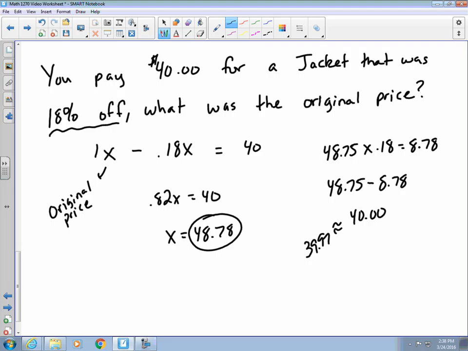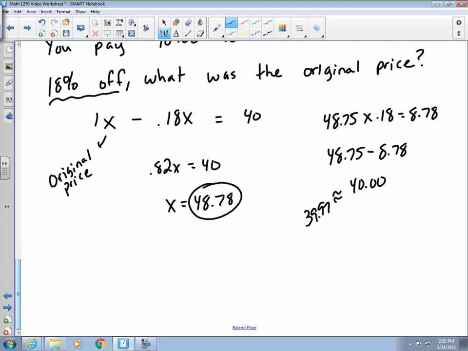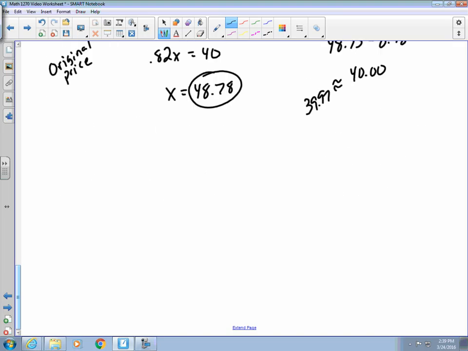Now, what if you said you paid for a car, including tax, because tax is an addition.